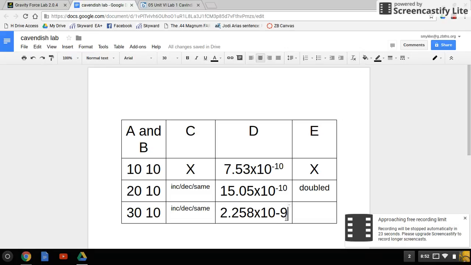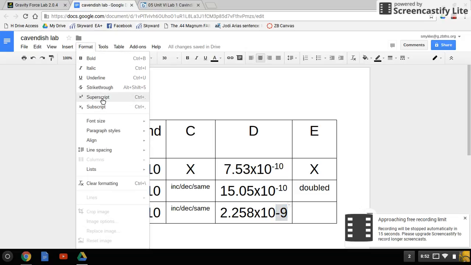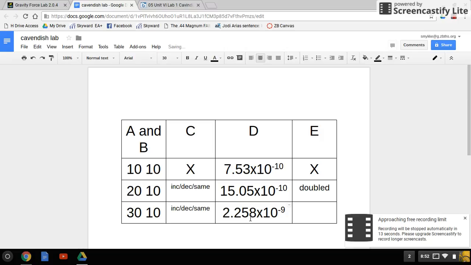Okay. So again, let's move this over now. So we'll change this again. So we'll make this 22.58 times 10 to the minus 10. What is that?